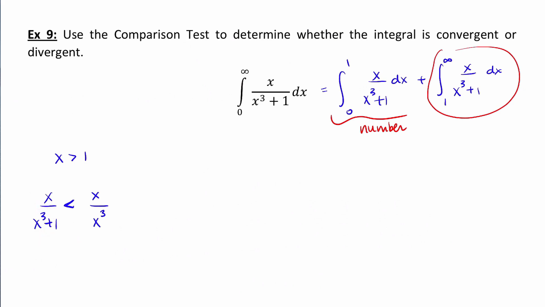I have something larger in the denominator. Then I simplify this, I get that this is 1 over x squared, and this is all we need to apply the theorem, right? Well, I'm saying this because now this is my f of x, okay? And this is my g of x. Well, not this one, but this one. This is my g of x, okay?